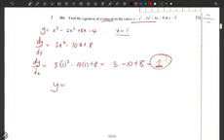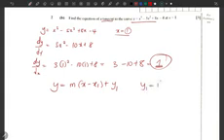So the gradient for this equation is 1. And we know that y is equal to m times x minus x1, plus y1. They have already given us x, but we need to find the corresponding value of y. That's why there's y1 here. So let's first find y1. How do we find y1? We substitute x in the original equation, meaning we have 1 to the power 3, minus 5 times 1 to the power 2, plus 8, minus 4. So y1 is 1 minus 5 plus 8 minus 4.